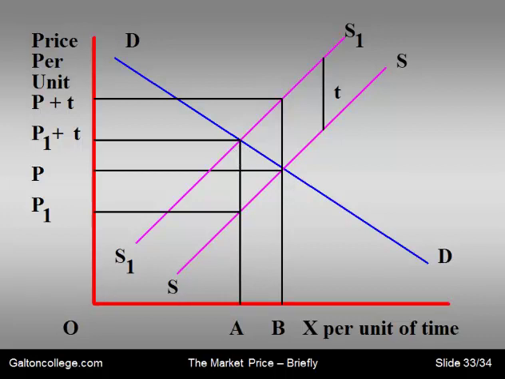So when we have a tax on a product, we can work out the incidence of the tax, who pays what. And of course this will critically depend on the slope of the supply and the demand curves. But I've just drawn it this way so we can start the analysis and see how that works.